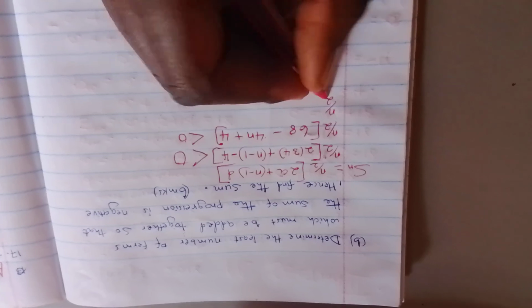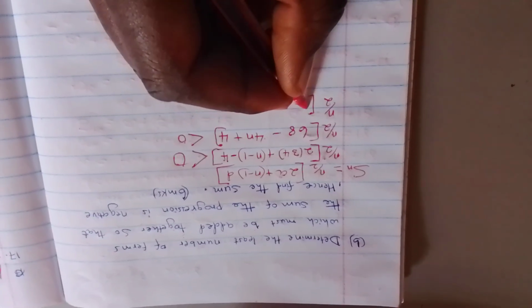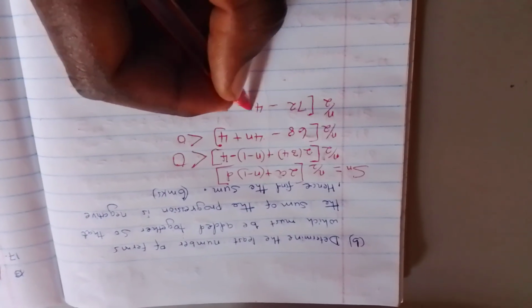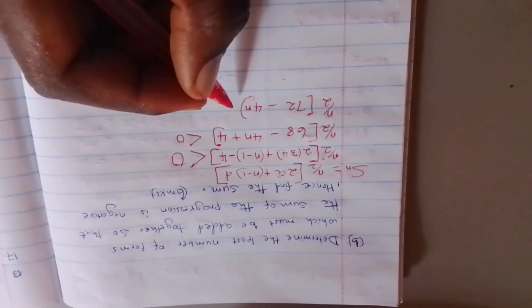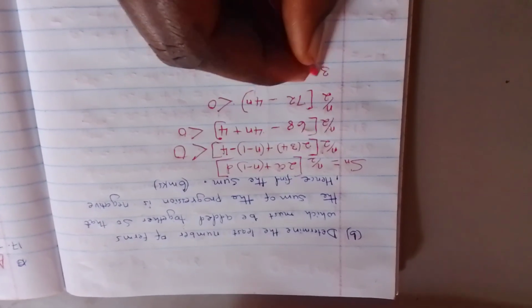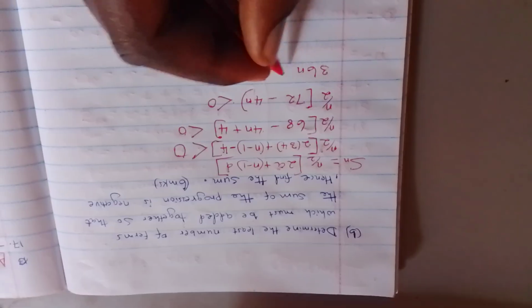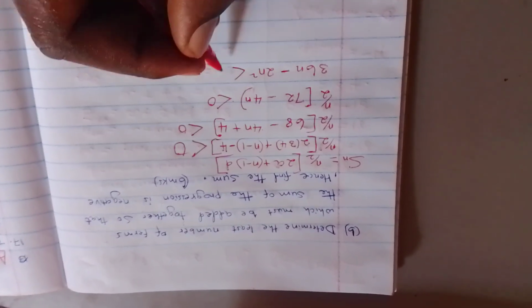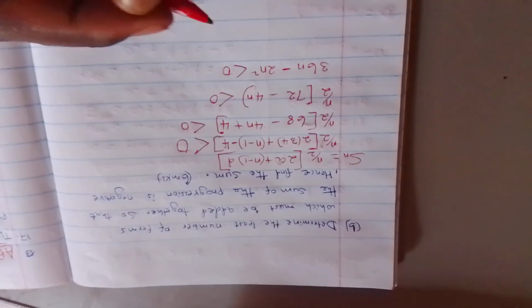That is n all over 2 multiplied by 72 minus 4n, less than 0. Multiplying, this is equal to 36n minus 2n squared, which must be less than 0.